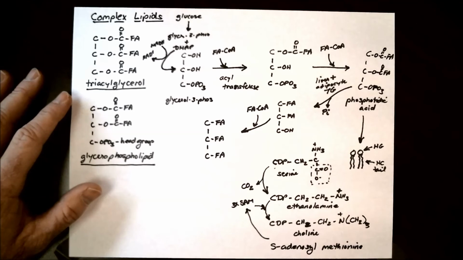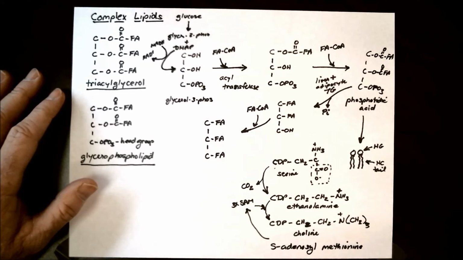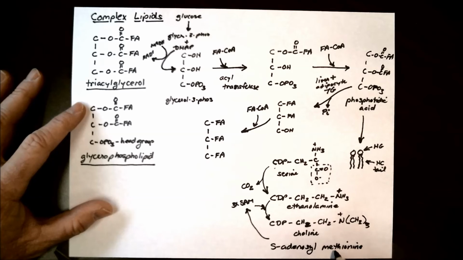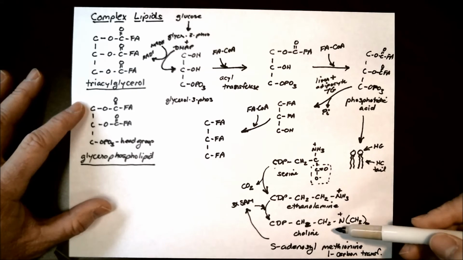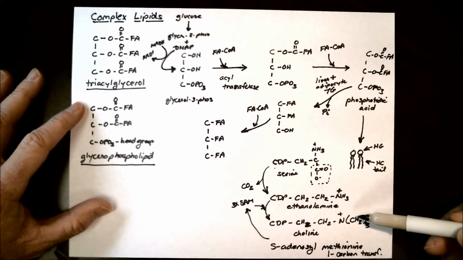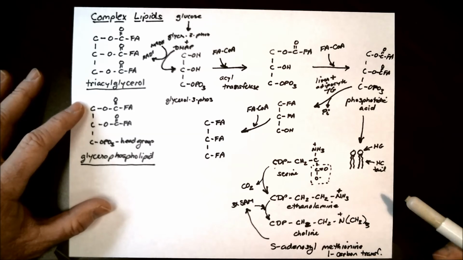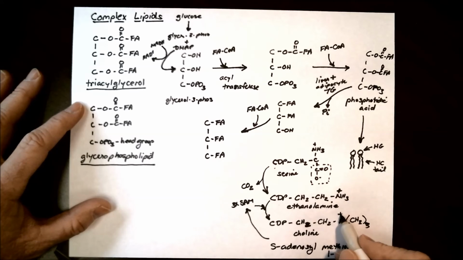We'll talk more about the synthesis of SAM, but SAM is involved in 1 carbon transfers. And so to convert ethanolamine into choline, we are going to do 3 individual 1 carbon transfers, the 1 carbon being the methyl groups. And here we have now 4 bonds onto nitrogen, which gives it a permanent positive charge.